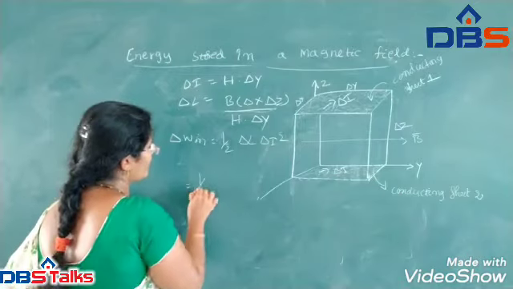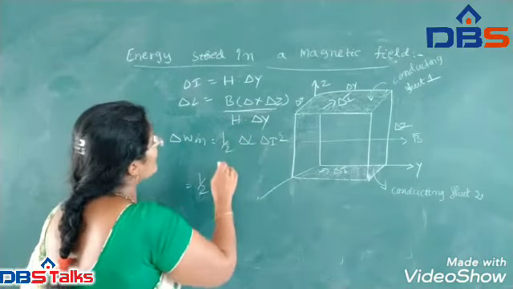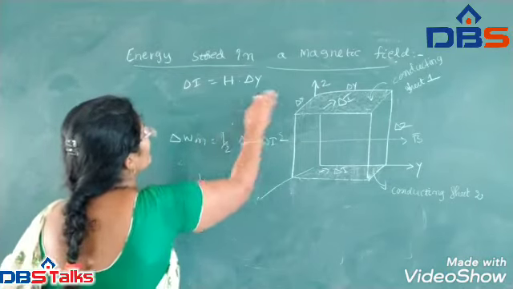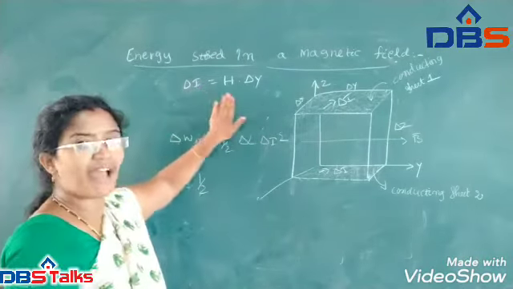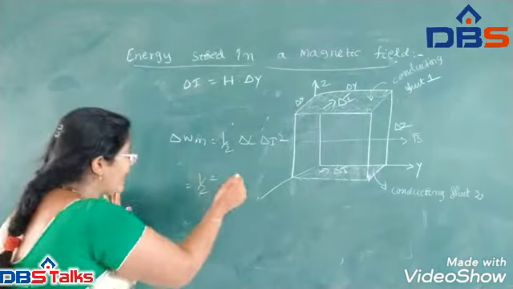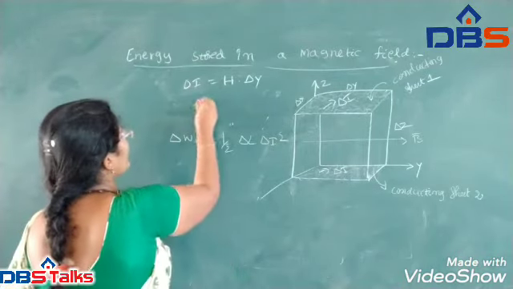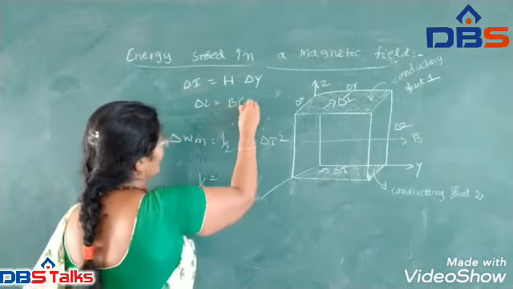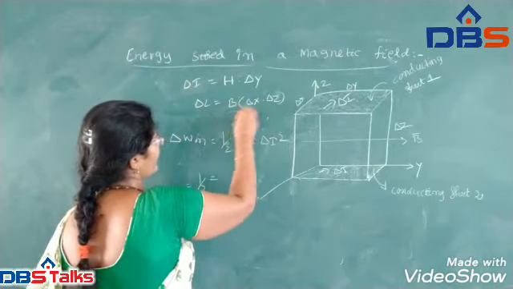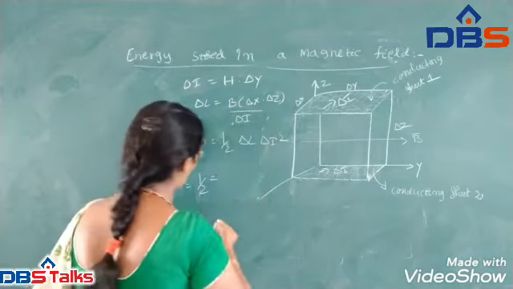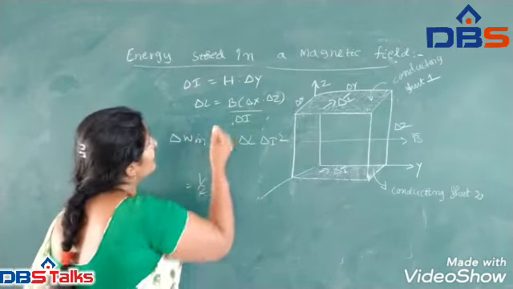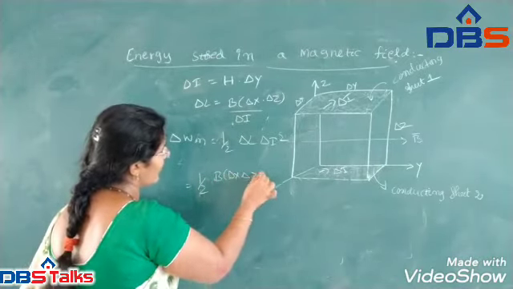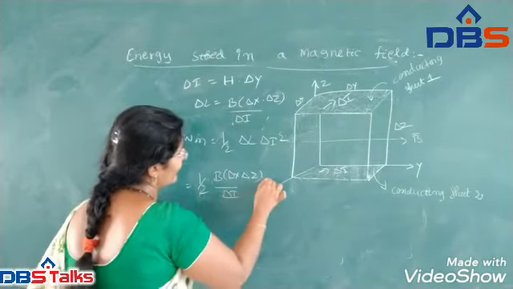So at that time you can write the delta L value. Here you can directly place the delta L value, which previously we got as delta L is equal to B into delta X delta Z by delta I. So at that time you can write half delta L delta I square means B delta X delta Z by delta I square.